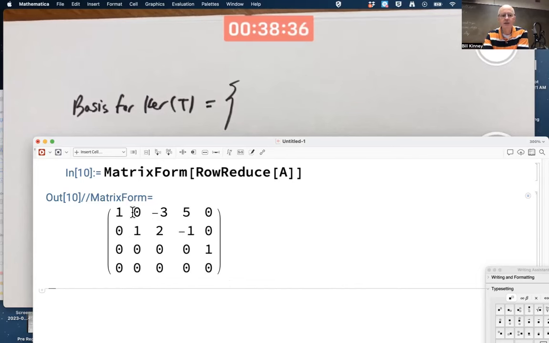Because the leading ones are in the first, second, and fifth columns, the free variables will be in the third and fourth, x3 and x4. And you need to imagine bringing them to the other side of the equation.